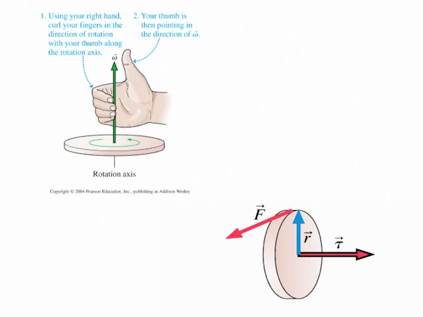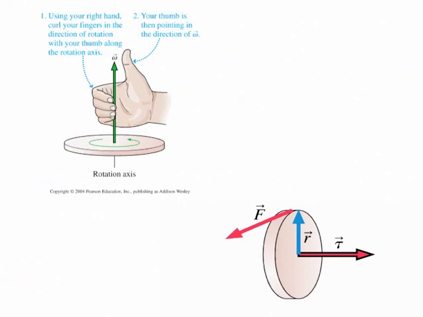The fingers of your right hand, if they curl in the direction counterclockwise and your thumb is pointing up, then the counterclockwise curl of your fingers with your thumb pointing up is the direction of omega. Omega counterclockwise is by convention in the direction of your thumb pointing up, as we see in that illustration.